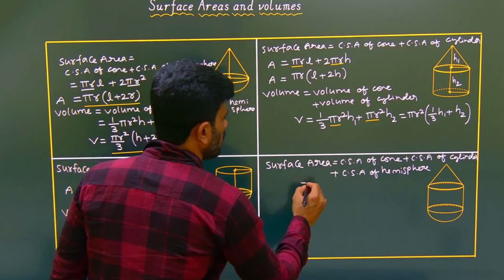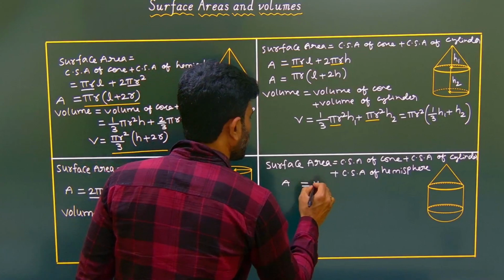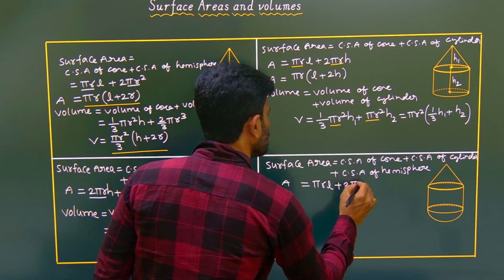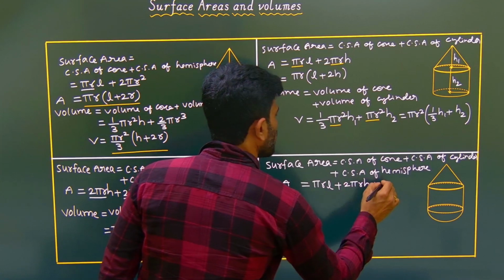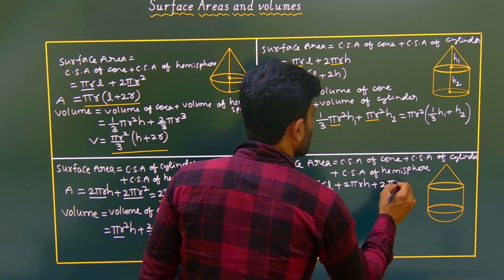So surface area is pi r L plus 2 pi r h plus 2 pi r square, because the hemisphere is there.